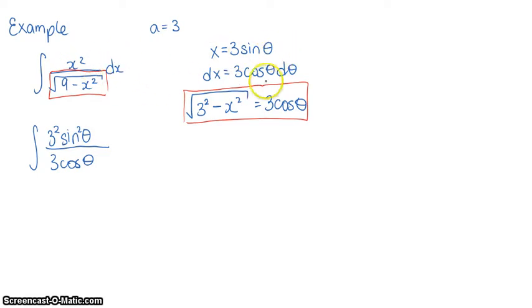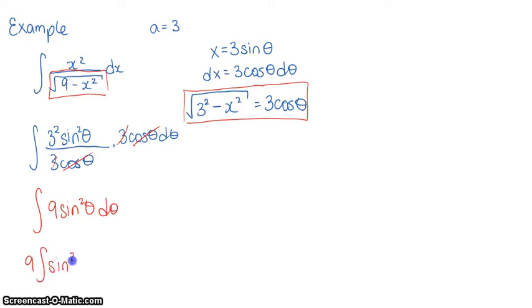My dx is equal to 3 cos theta d theta, so I'm just going to write it as 3 cos theta d theta. Then you can see some things are going to start to cancel out. The 3 and the 3, the cos and the cos, and then I'm left with the integral of 9 sine squared theta d theta, which then you can move the 9 out front and have sine squared theta d theta.